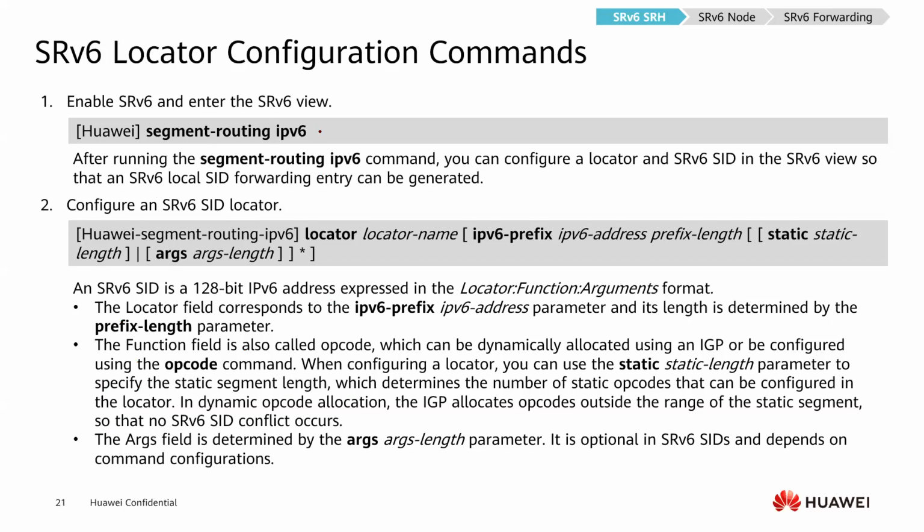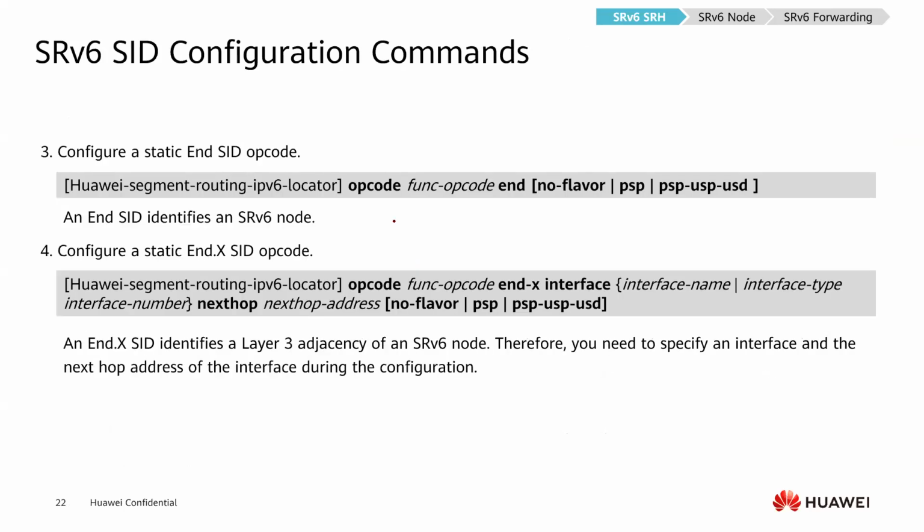Here is a little bit of configuration. This is how you configure the SRv6 locator: you go into segment-routing ipv6 and create a locator. And this is how you configure special functions.